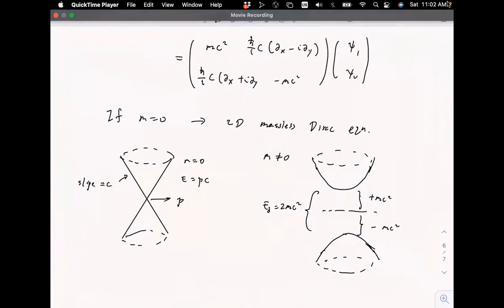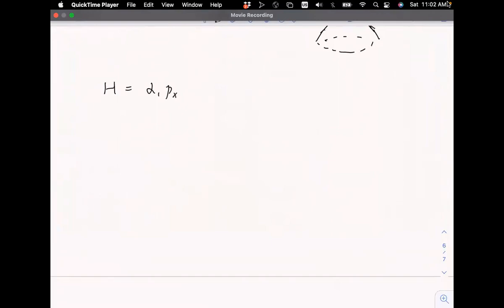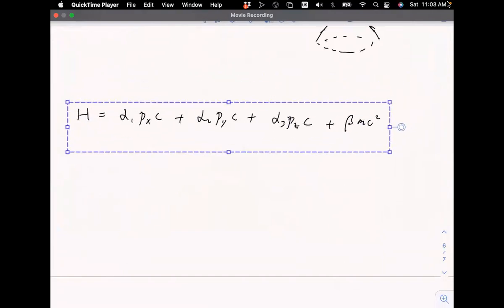Okay, so now we come to a very non-trivial extension to 3D. If you want to extend the Dirac equation to 3D, then you have p_x c, p_y c, and p_z c, and then you have beta.